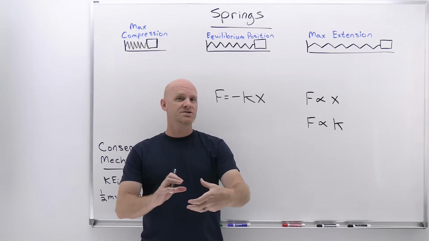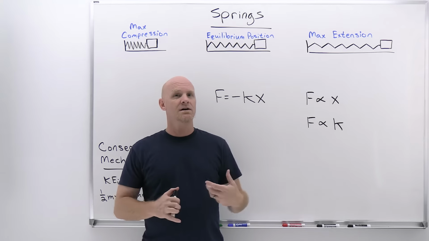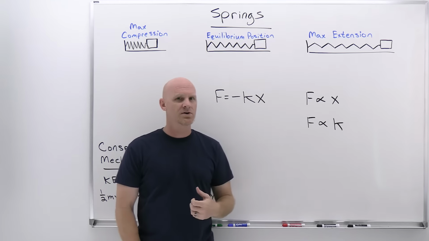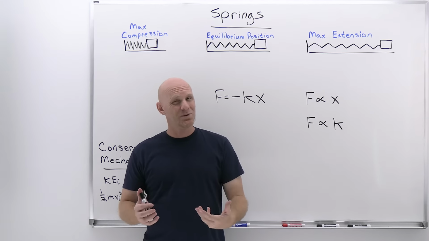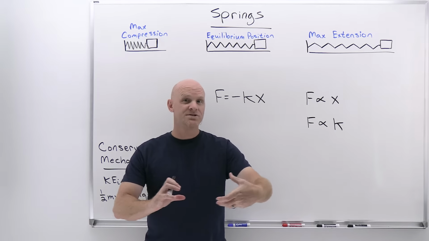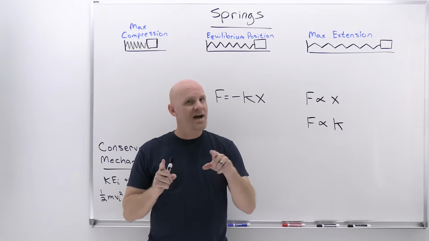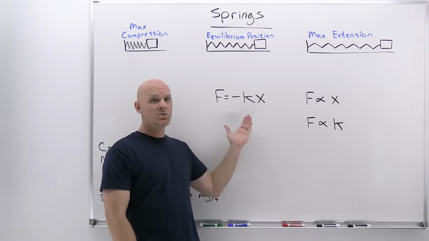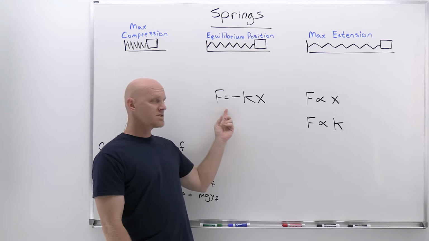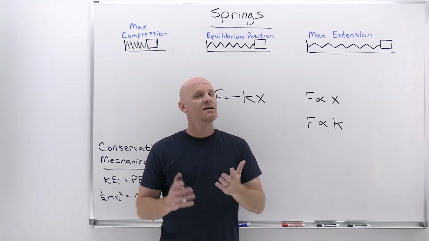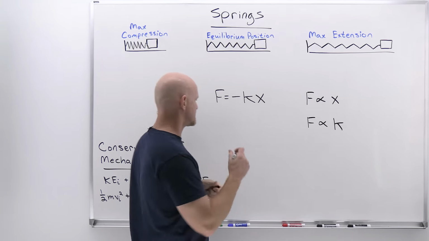Now, if you want to stretch it at constant velocity, the exact force you'll need to apply would be the force according to Hooke's law, at least in magnitude. It would just be in the opposite direction. So if you're talking about the actual applied force to stretch it or compress it, that force is going to be in the same direction as the displacement, and we could just use F equals kx for that. But Hooke's law properly is giving us that restoring force, that conservative force that makes potential energy possible.